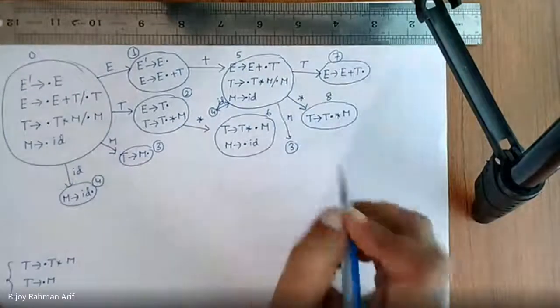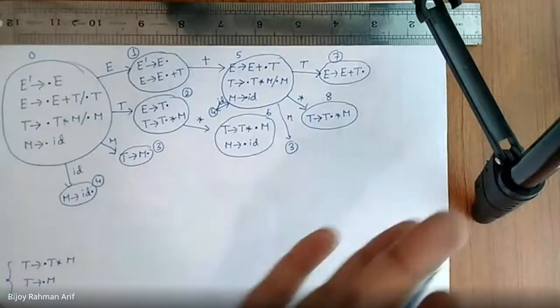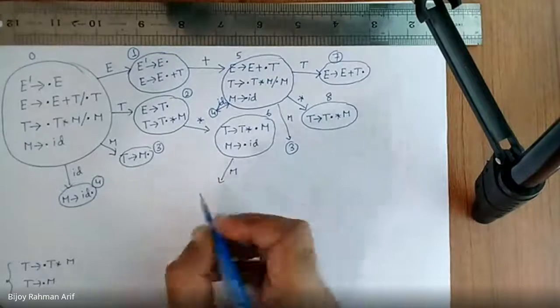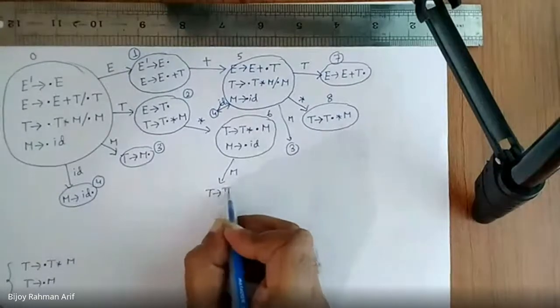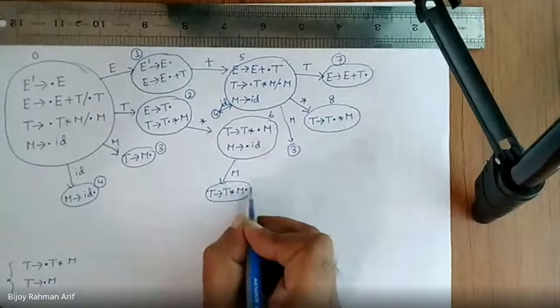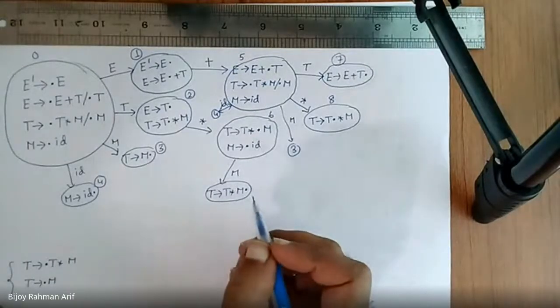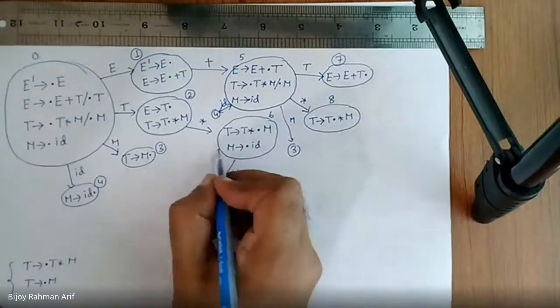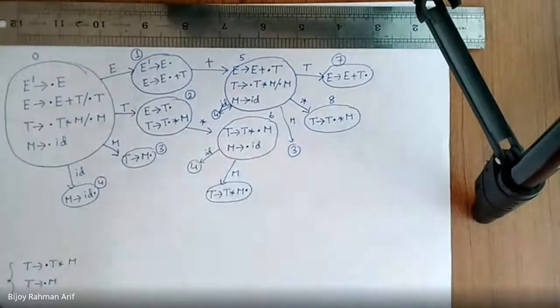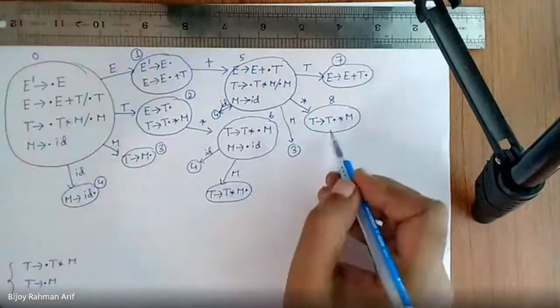8. So let's come back here. I'm doing it in breadth-first order. Okay, moving on M, T derives T star M dot, and moving on ID, we're going to 4. Fine, now it is the final item done. Let's go over there.